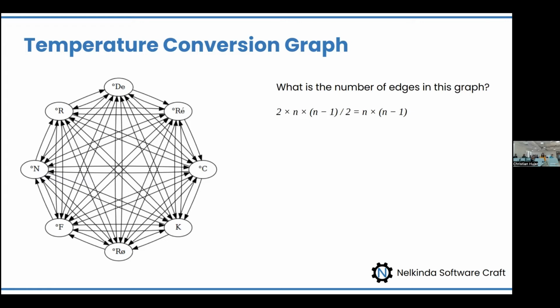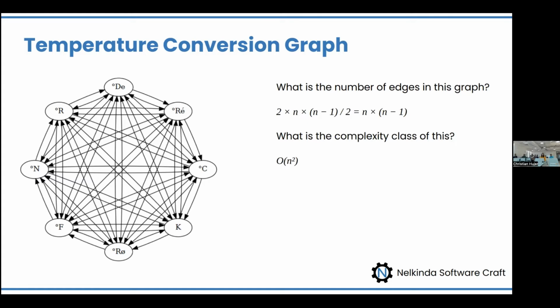What's the complexity of that? What's the complexity class? Exactly. That's O(n) squared. That's not really sustainable from a design perspective. Our code would become more complicated with every additional conversion that we want to support.